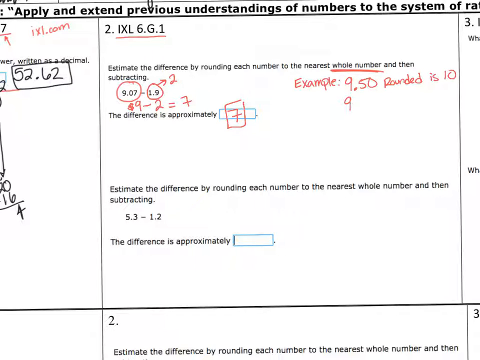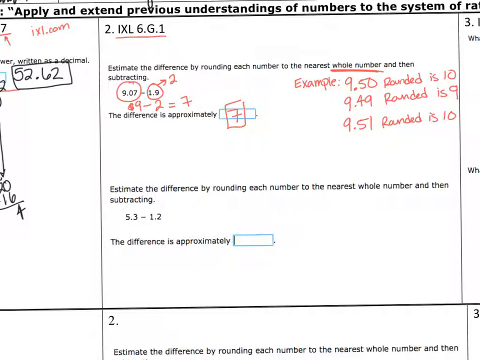But if we had 9.49, it's under 5, so that would be rounded to 9. And let's say we had 9.51. That would obviously be rounded to 10. Okay?